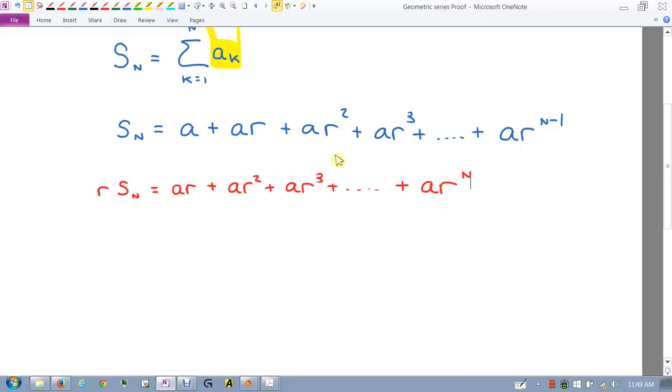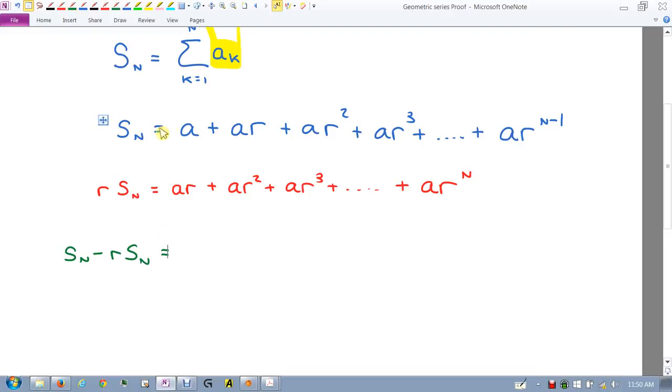All right, so if you agree that this line is correct, that's just by the definition of what s sub n means, and you agree that multiplying both sides of that equation gives you this, then tell me what this is. What's s sub n minus r s sub n?